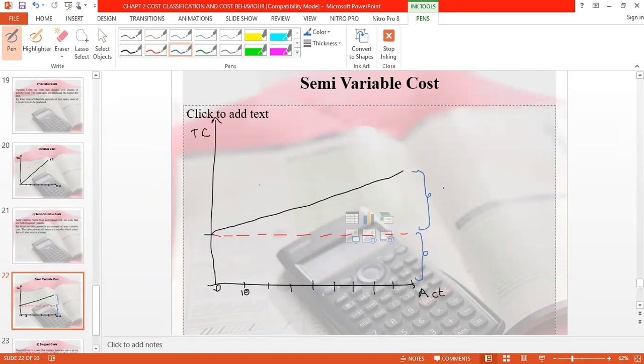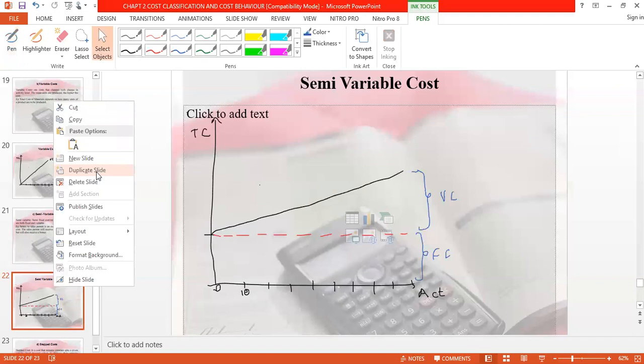That is the fixed cost part. That is why it's called semi-variable. This is the cost that carries both the fixed and the variable. That is called semi-variable.